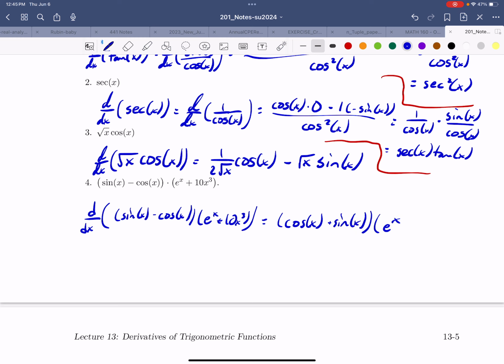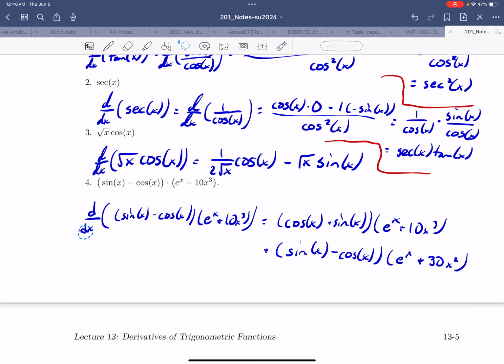Leave the second term alone. Plus, leave the first term alone. Take the derivative of the second term. And that's what we've got.